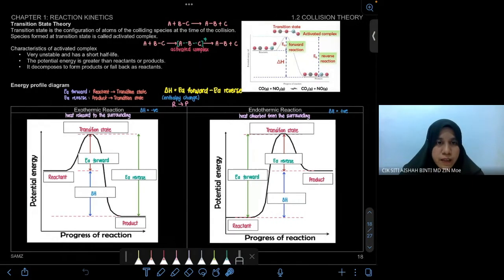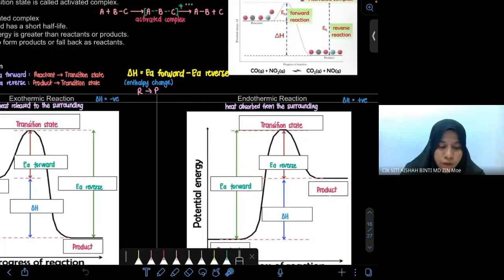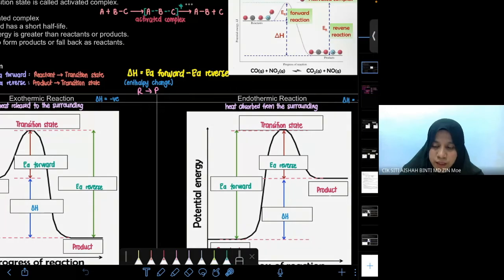So how do we know whether it is endothermic or exothermic? We have to look at delta H. For exothermic, delta H is negative. For endothermic, delta H is positive. So what we are going to do next is look back at the question, what is my delta H?